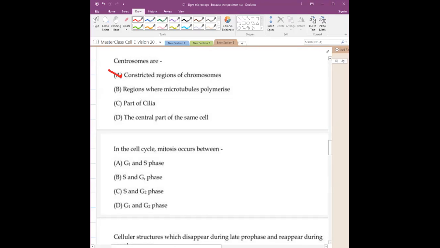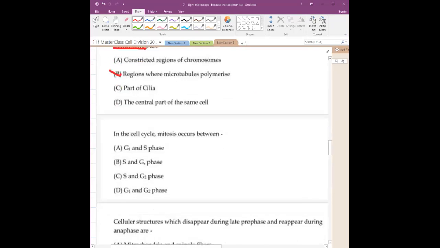So actually the other name for... sorry, no, this is centrosome. They are not asking centromere. Guys, read this question properly. Okay, this is a centrosome. And what is a centrosome actually? Regions where microtubules polymerize. This is going to be the best answer from here.